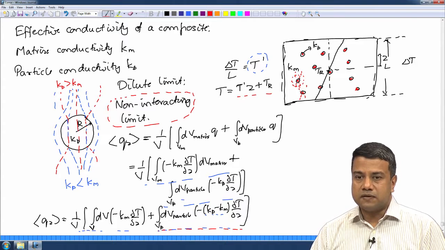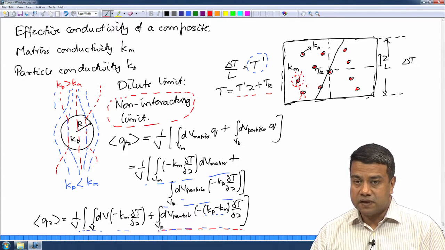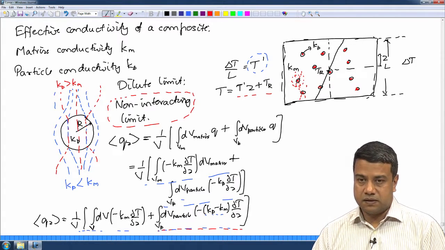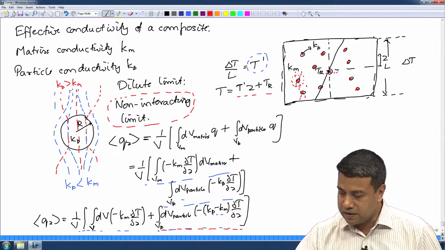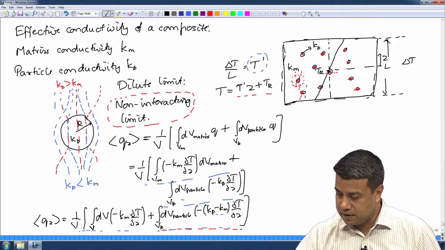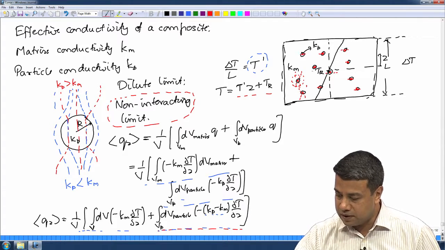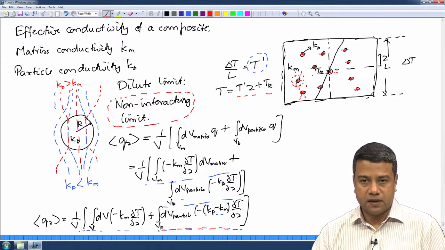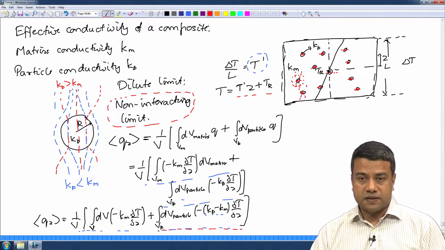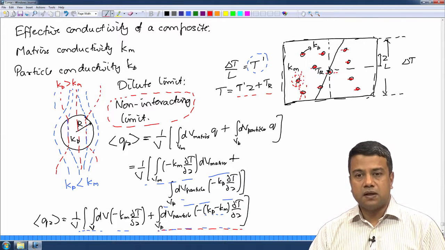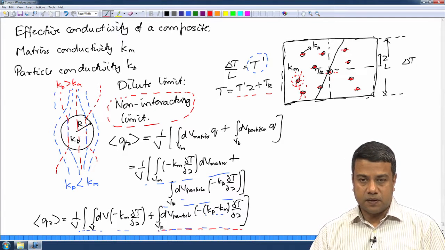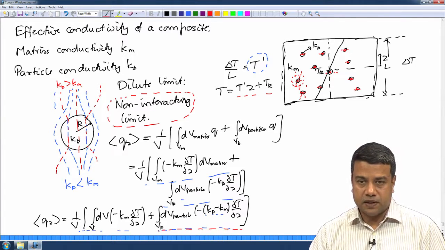So, each particle is effectively identical as far as the temperature gradient is concerned. For each particle, of course, the average temperature at its center is going to be different, because it is located at different z locations and the temperature varies with z. However, the gradient that it sees far from the surface is going to be the same for each particle. Therefore, the temperature gradient within the particle will also be the same for each particle.